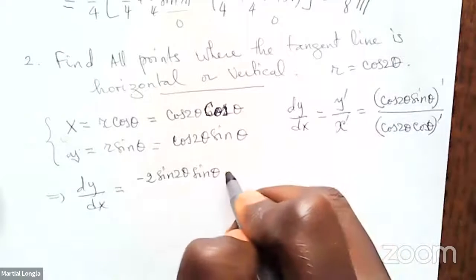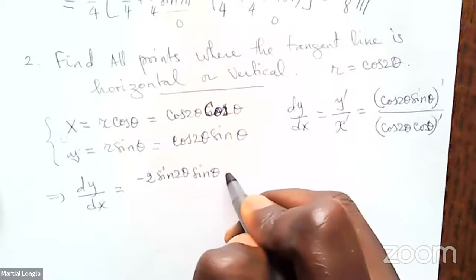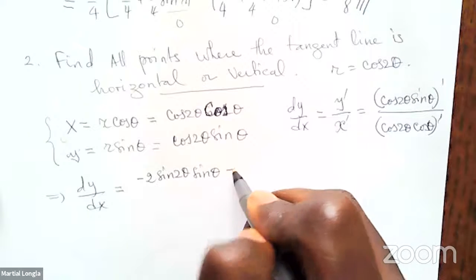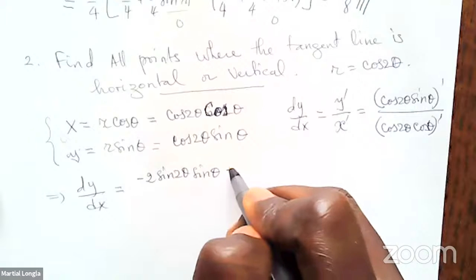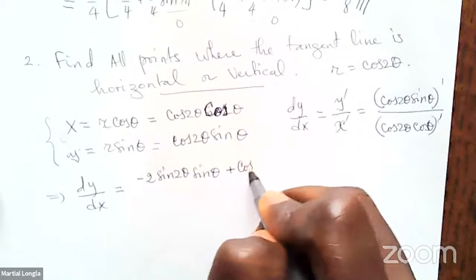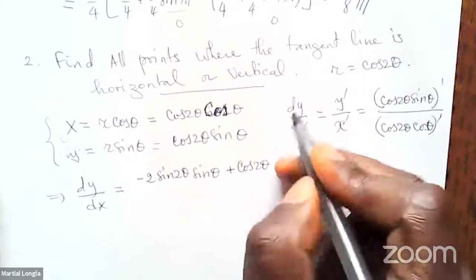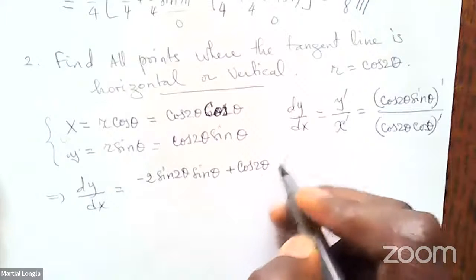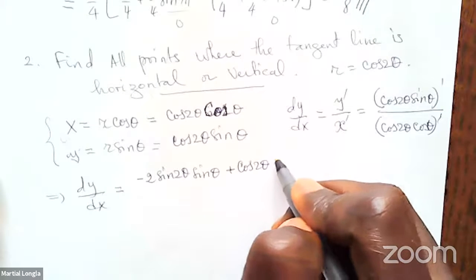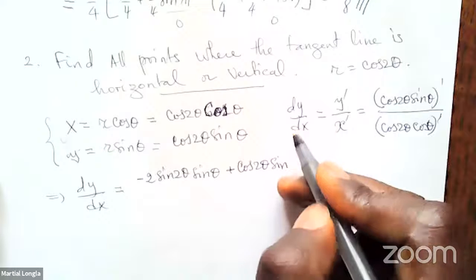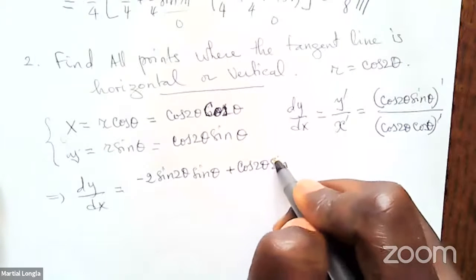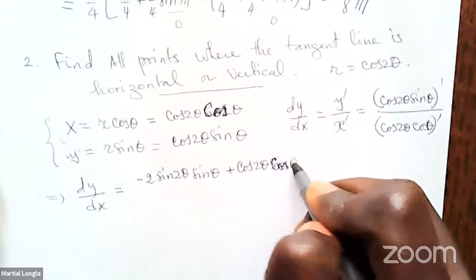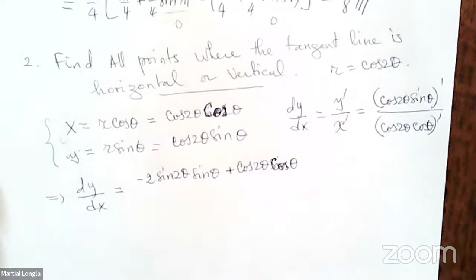Derivative of sine is cosine. That's plus cosine 2 theta cosine theta.